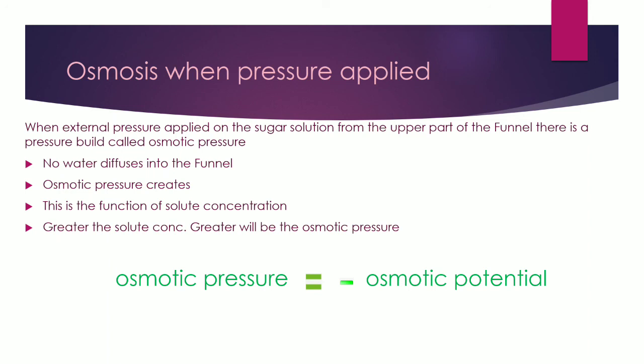They need more water molecules to maintain the equilibrium. That's why the pressure will also be more. Osmotic pressure is equal to osmotic potential, but in the opposite direction. That means osmotic pressure is equal to minus osmotic potential.